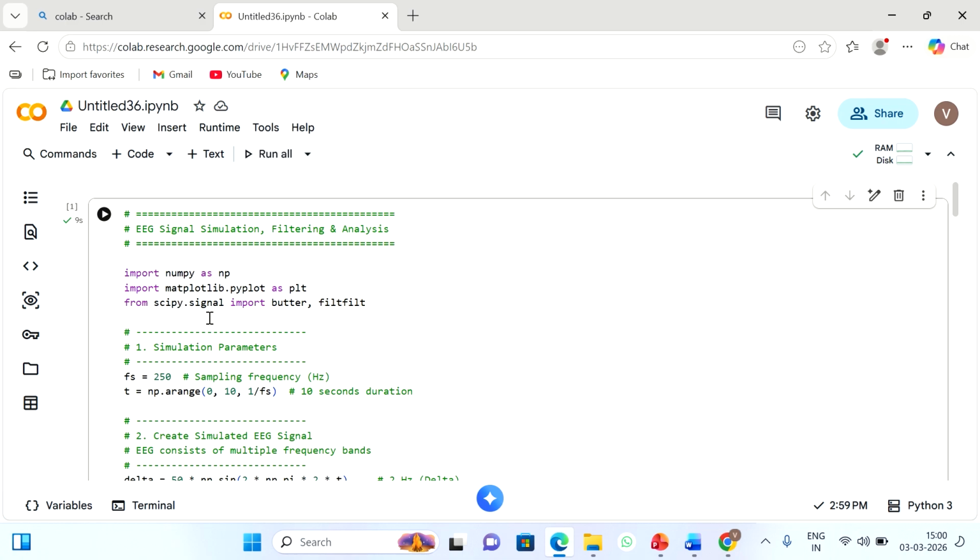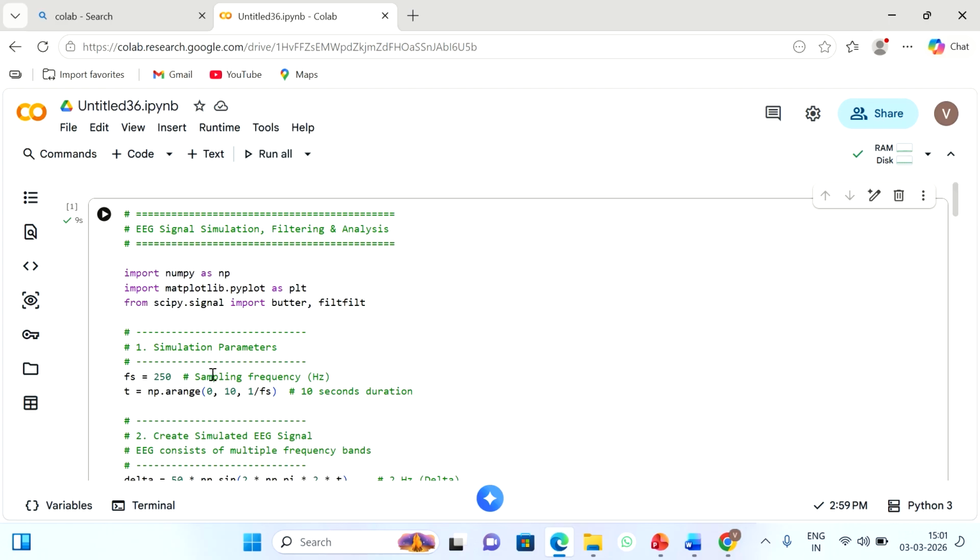There are several signal functions, but in this program we are using only butter and filtfilt. Butter is the filter type, and filtfilt is used to filter the signal. Finally we will get a smooth, clear signal without any phase distortion.